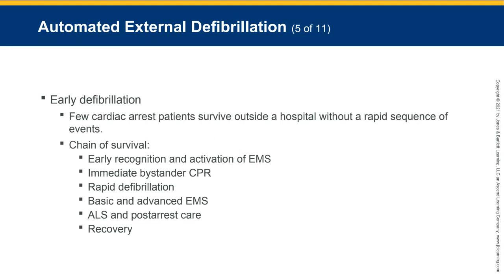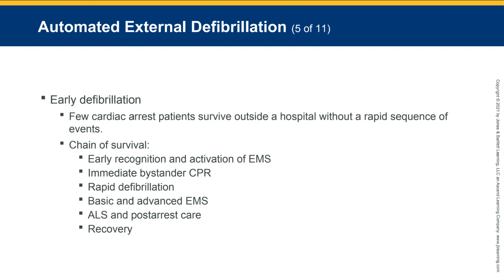Now, early defibrillation. Few cardiac arrest patients survive outside a hospital without a rapid sequence of events. So these are the events that need to occur, the chain of survival. Early recognition: somebody needs to recognize that a patient is in cardiac arrest and then activate EMS response.